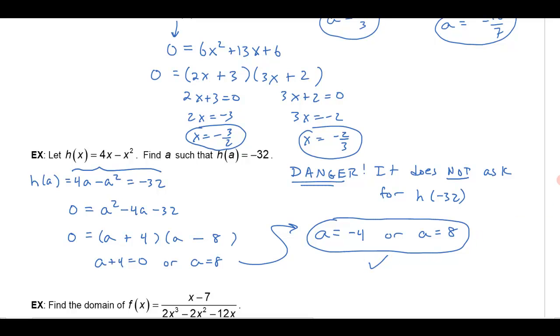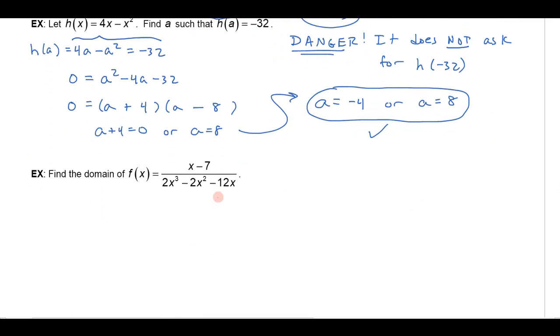Okay? Last problem we want to look at, another way of posing a problem that results in the same sorts of problems we've been working on. Here's a function. It asks us to find the domain.